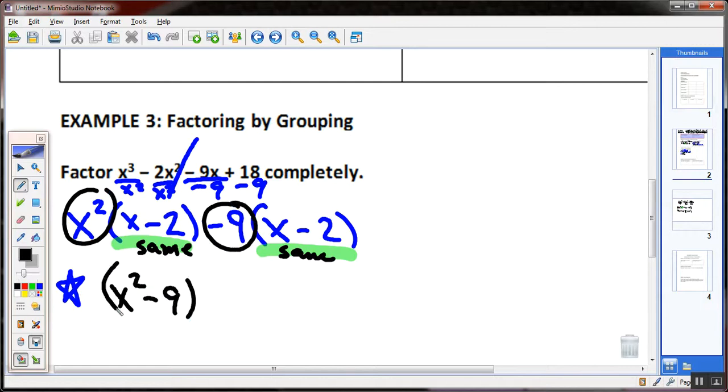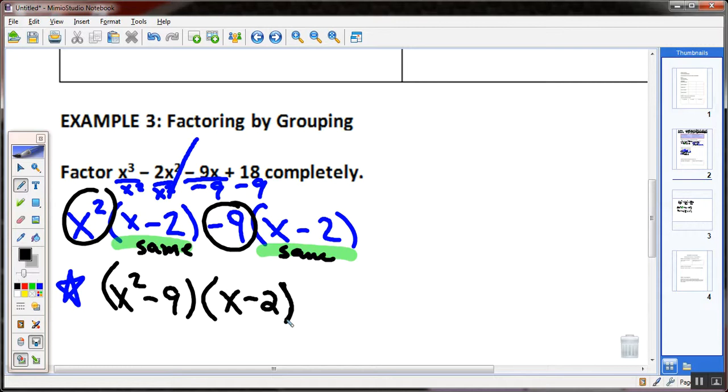Those are the two values that we factored out. Anybody have a guess what they're getting multiplied by? Well, x minus 2 would be it, because we took x minus 2 times x squared. That's like distributing the x minus 2 to x squared, and this is like distributing x minus 2 to the negative 9.